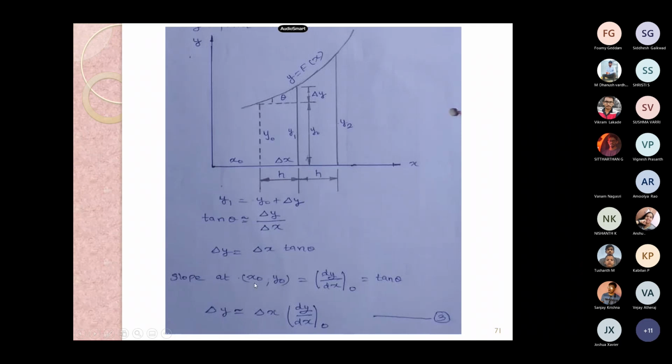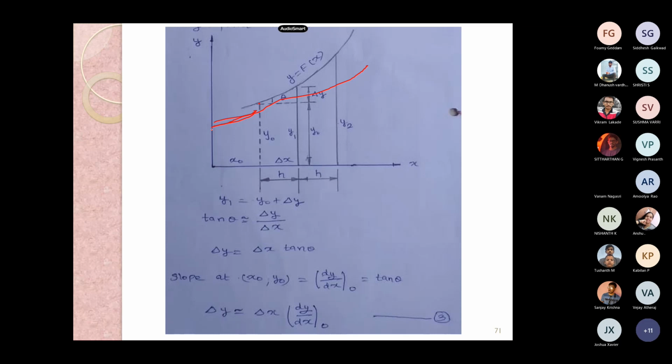At x naught and y naught, take this as the point x naught, y naught. At that point, try to draw the tangent. How can we derive this tangent?